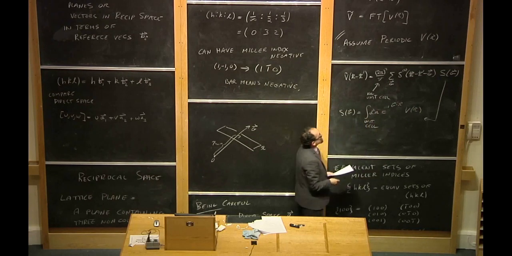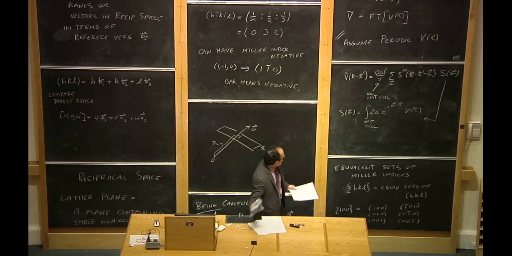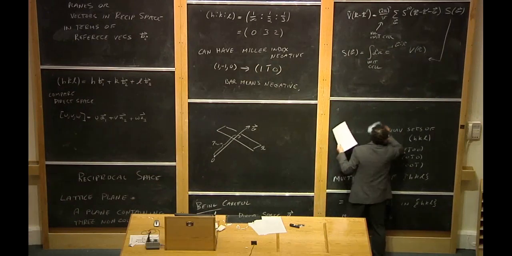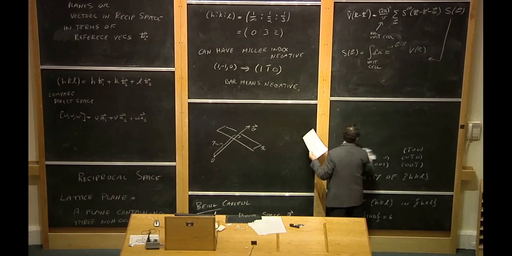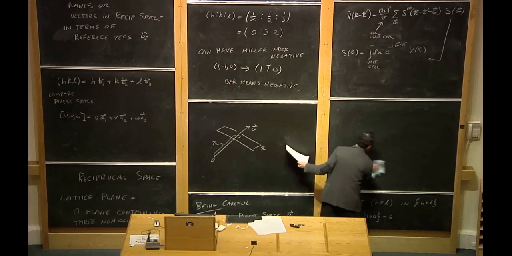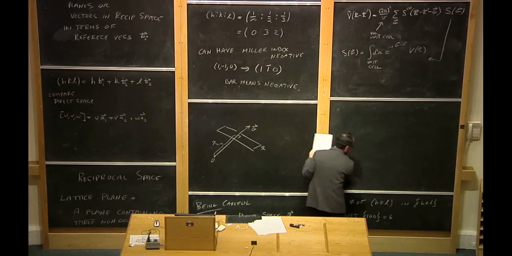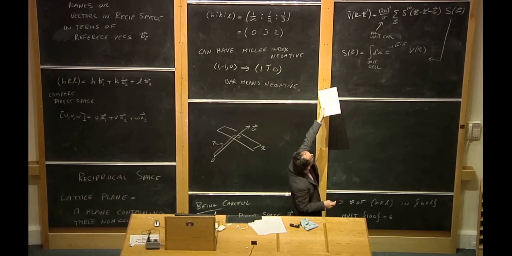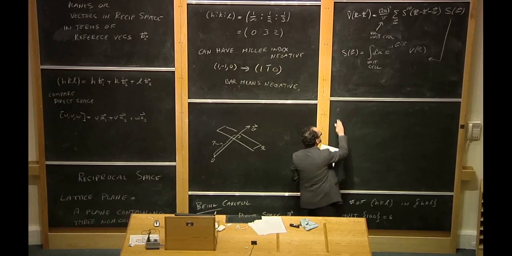This is a law that we derived last time, and there are a couple of important facts about it that we mentioned. First of all, the Fourier transform of this periodic function is 0 unless k is an element of the reciprocal lattice.